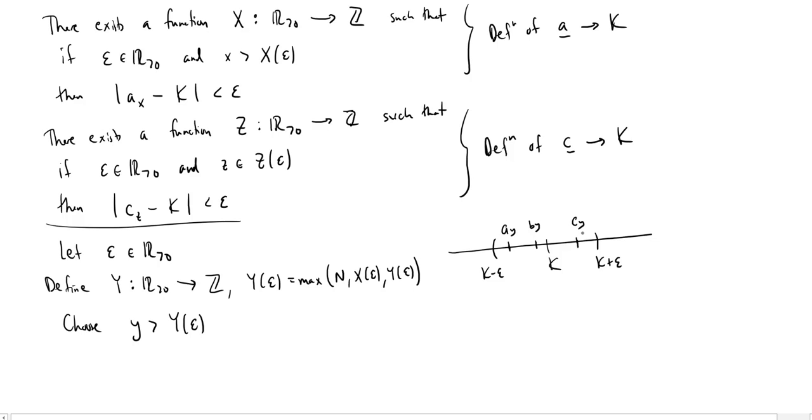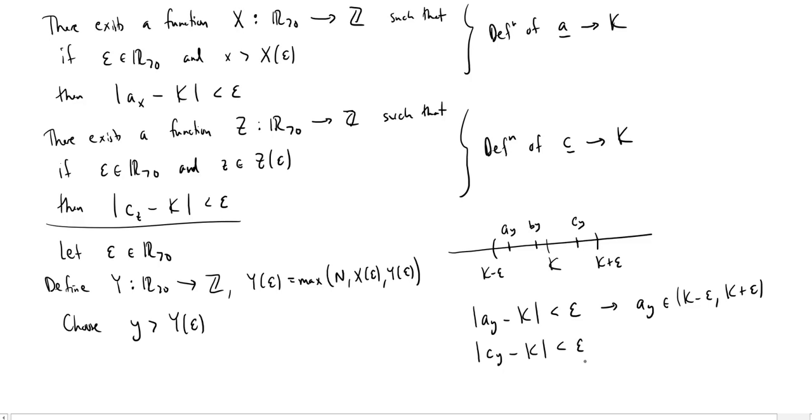All right. Now, how do I know this is what the picture looks like? Well, I know that a_y is less than epsilon away from k. And that tells me that a_y lives in the interval between k minus epsilon and k plus epsilon. And similarly, the distance between c_y and k, we know that's less than epsilon, right?